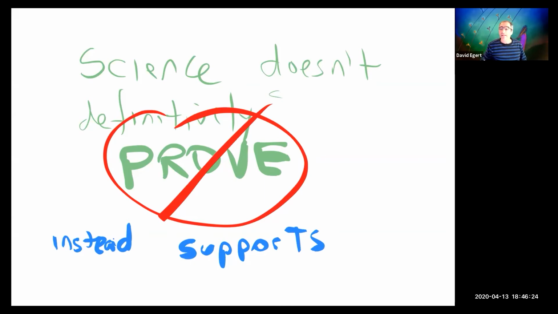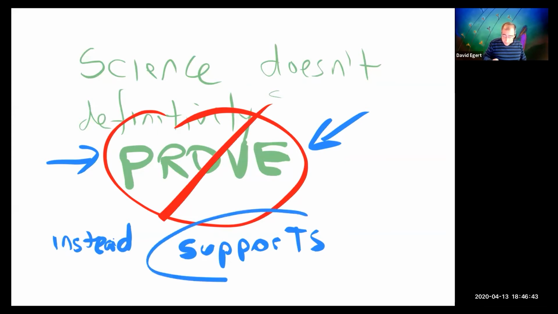Science does not tell you definitively this is the truth. So stay away from using the word prove. It definitely is one of my pet peeves. Instead of saying studies prove that such and such, say studies support, the data supports.